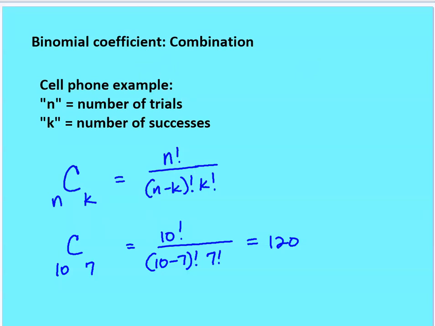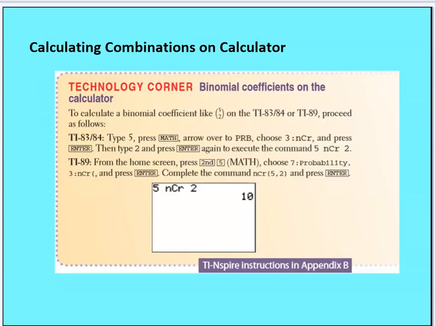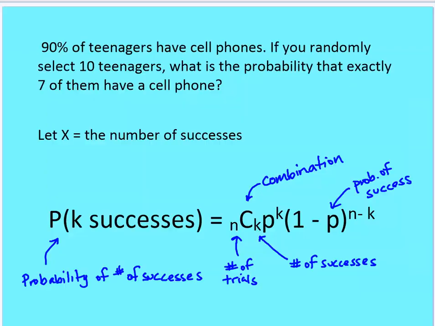All right, and you can go to your TI-84, and there is a combinations button, which we'll have to go through in class. You're going to type in the possible outcomes and then the number of specified outcomes, where in combinations order does not matter.